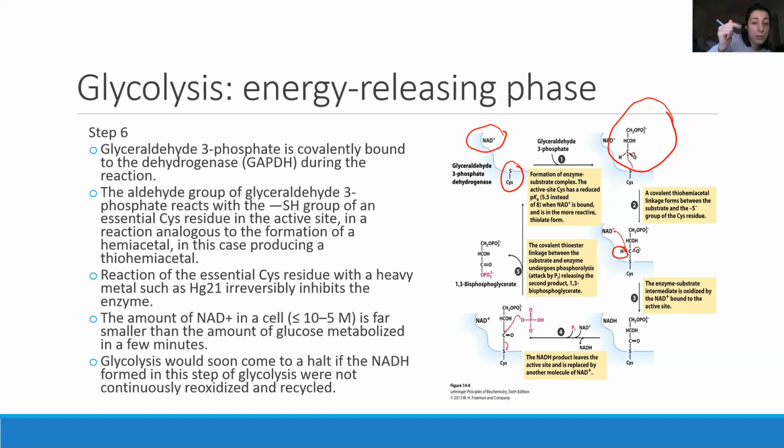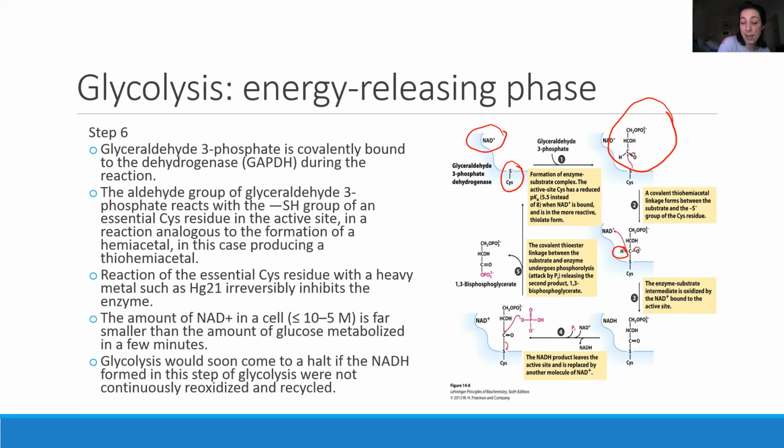So we're losing a hydrogen, but also an electron to the NAD plus, generating NADH. So we do pull off a proton, a hydrogen, but with it comes an electron. That is the electron carrying part of the NAD plus.